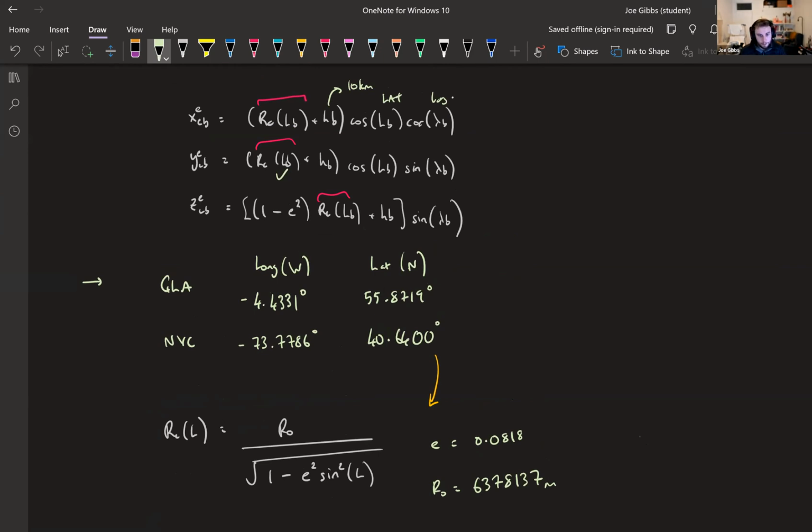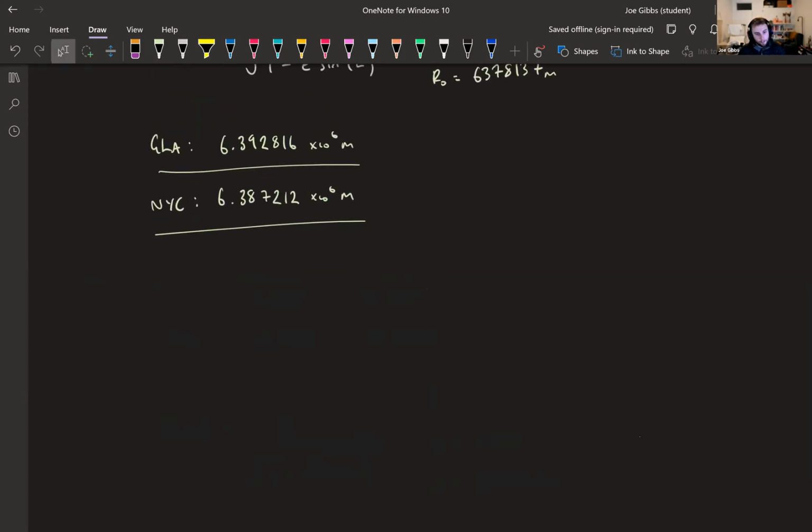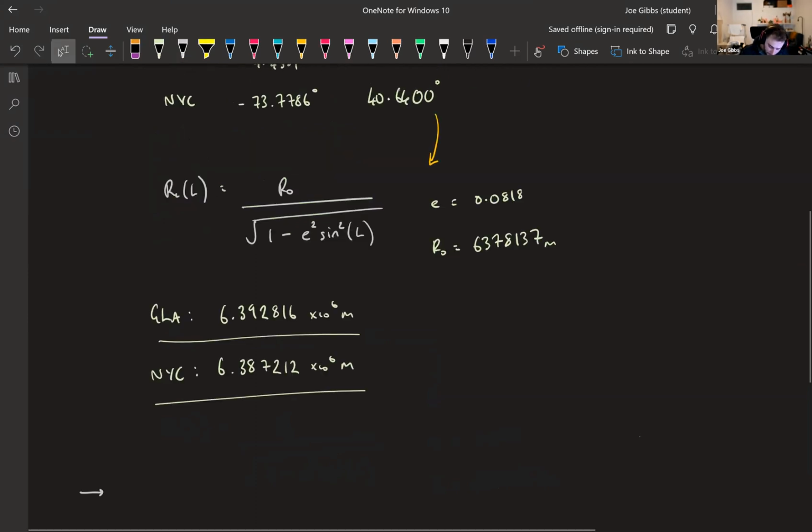We have everything we need to calculate the coordinate positions of Glasgow and New York with respect to the Earth, resolved into the Earth coordinates. In the interest of time, all you're going to do is sub your values into those equations, making sure that for Glasgow we use this REL value, and for New York we use the equivalent transverse radius of curvature.